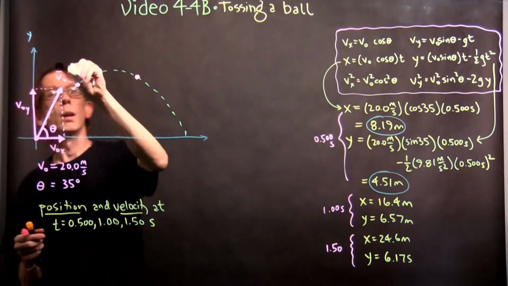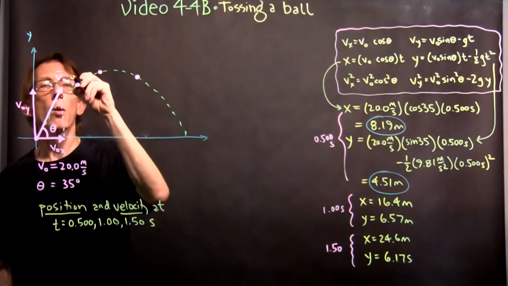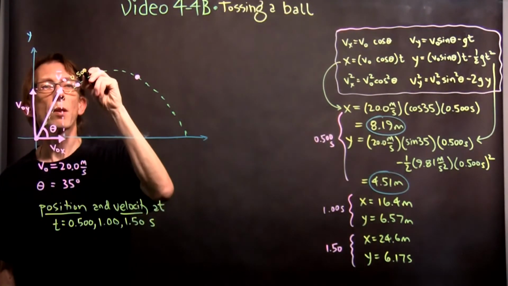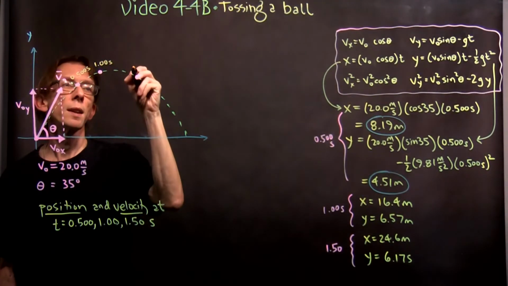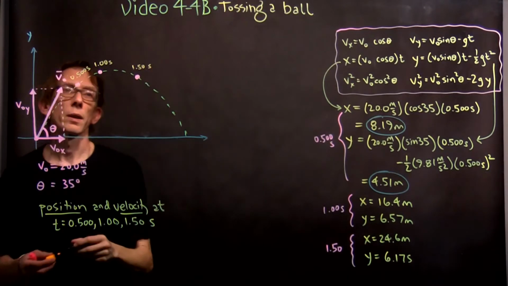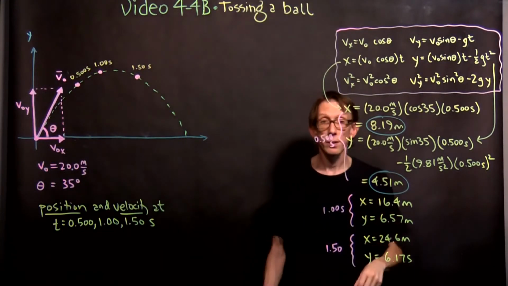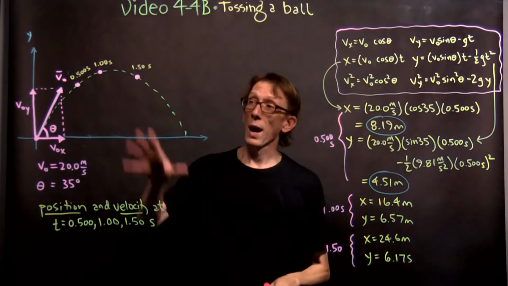That'll be a good day. Let's try this again for the third time. 0.500 seconds, 1.00 seconds, and here 1.50 seconds. So those are the locations given to us by these formulas. These formulas describe this motion.